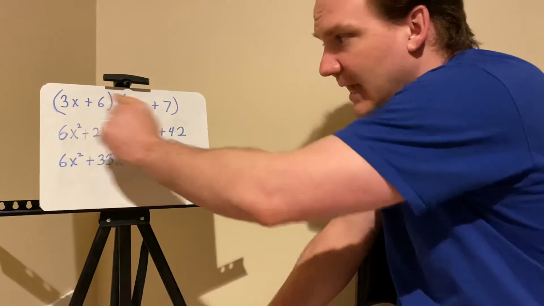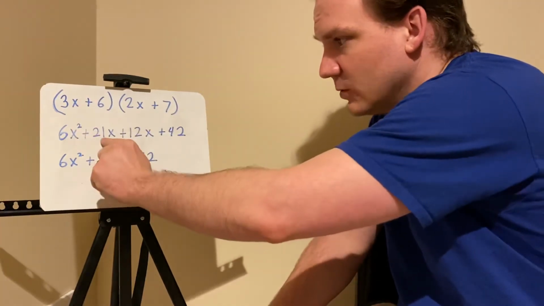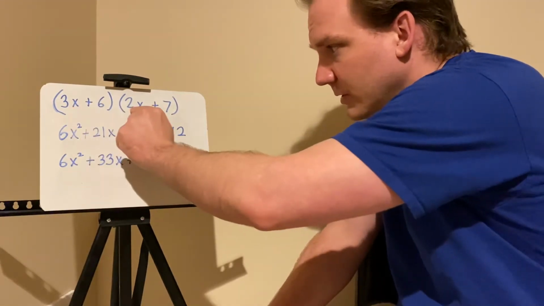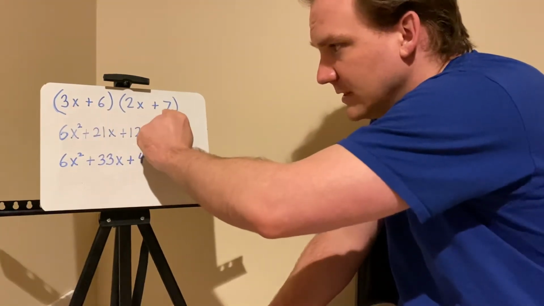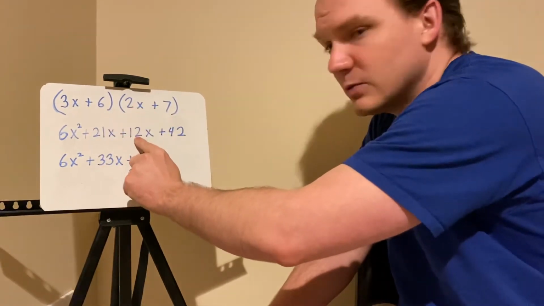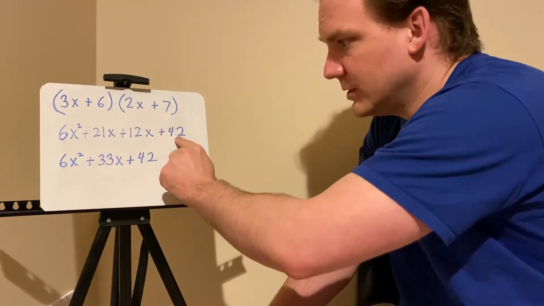Then we do 3x times 7, and that gives us 3 times 7 is 21 times x. Then we've done both of 3x times both of these terms, so now we do 6 times both of these. 6 times 2x is 12x. 6 times 7 is 42.